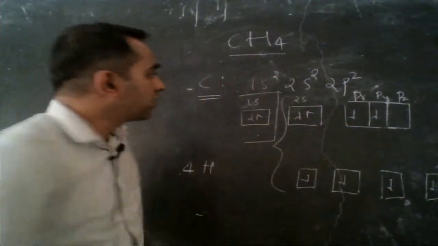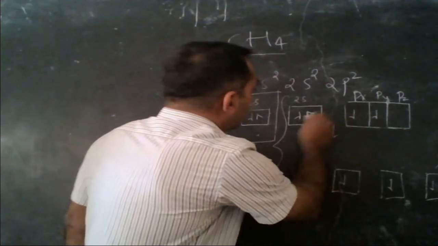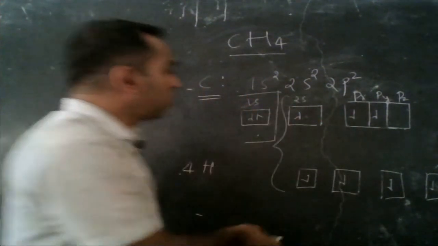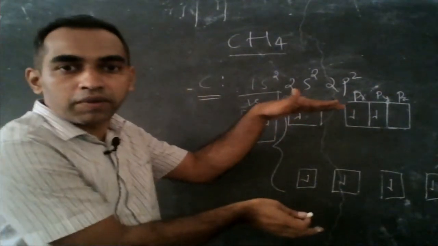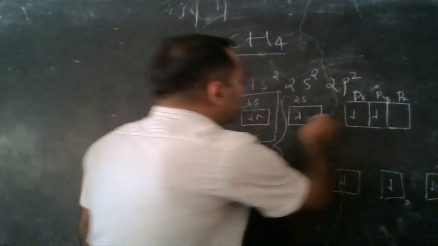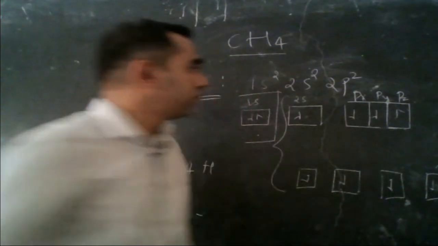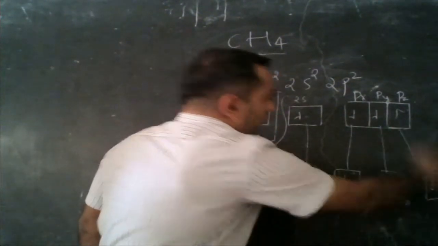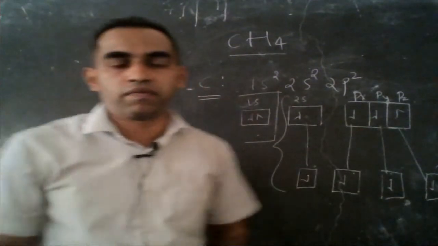So, how does the formation take place? Now, as per VBT, valence bond theory, this 1s electron of hydrogen will be shifted here. Now, we just form the bond here, and you get CH4.